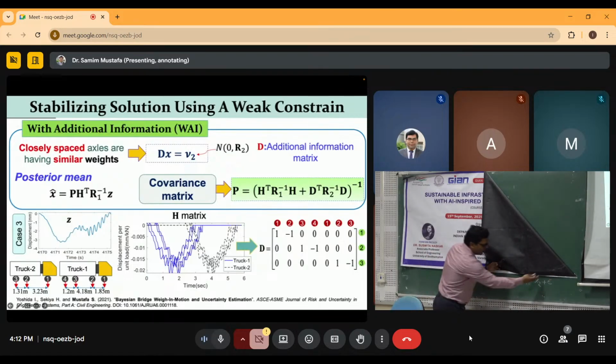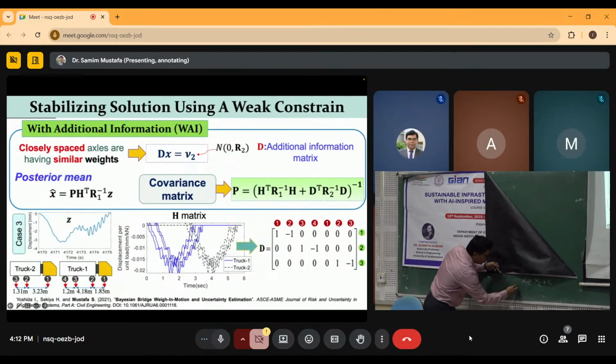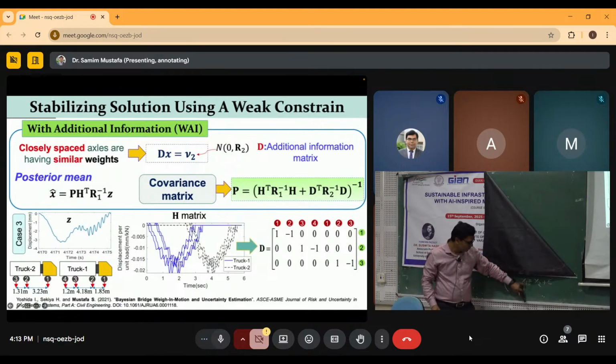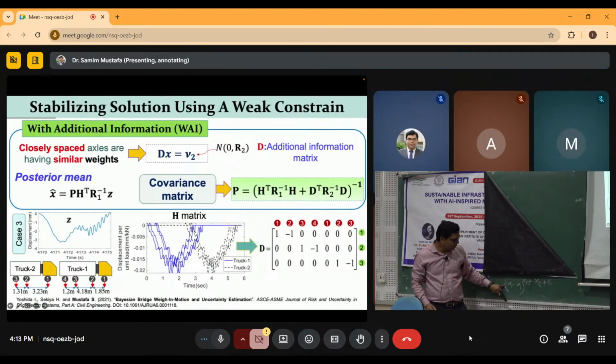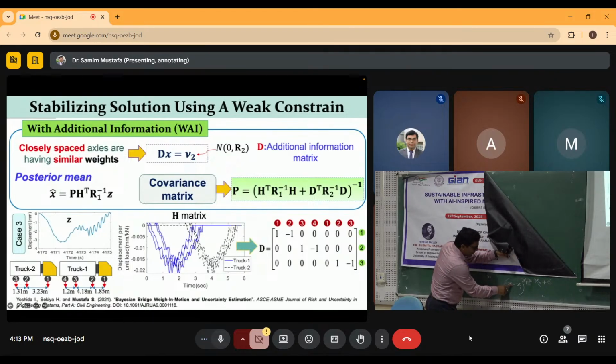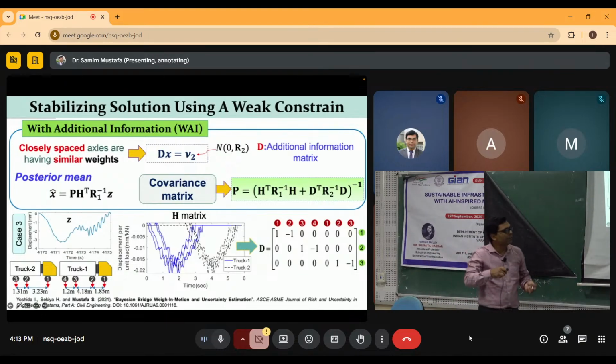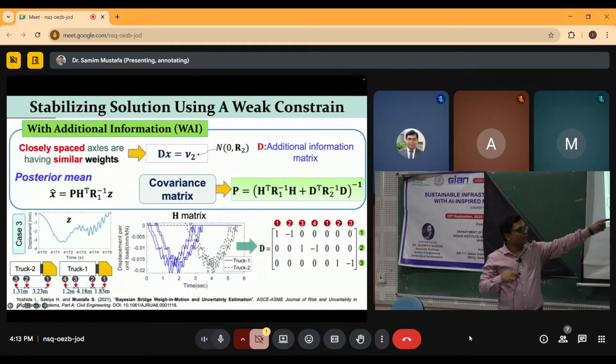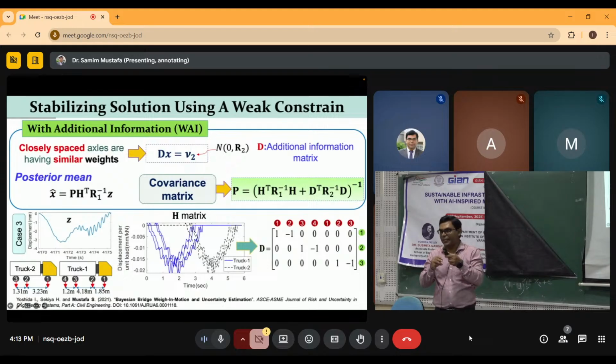Again, we are using a Bayesian or Gaussian distribution, so we can model the error function. This x1 minus x2: if x1 equals x2, then what will happen? This is 1, this is minus 1, right? That is what is written over here: 1 minus 1, 1 minus 1, 1 minus 1. So that means they have similar weight.